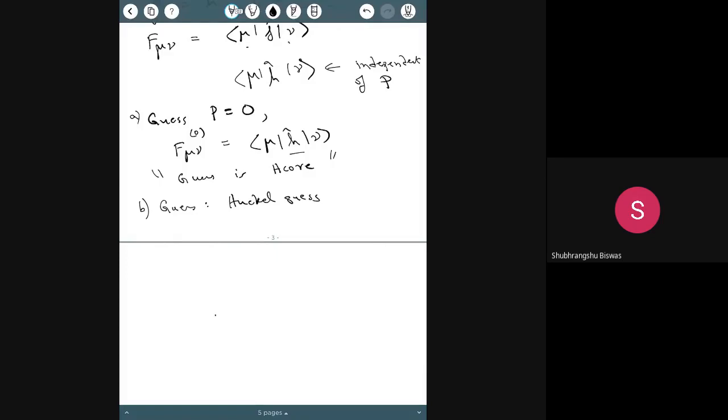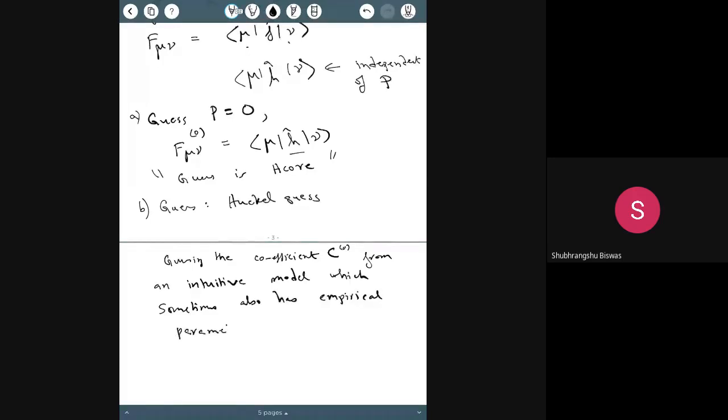So you are guessing the coefficients C, the zeroth iteration, from an intuitive model which sometimes also has empirical parameters.